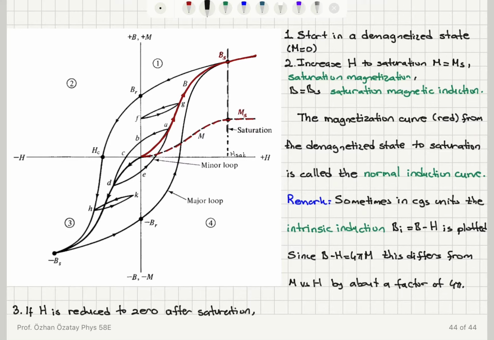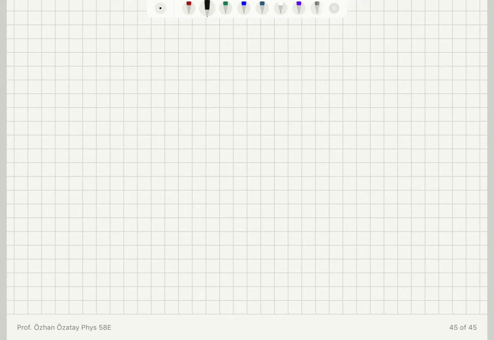We will see that the induction in the specimen decreases from the saturation induction Bs to a value Br, which is called retentivity, or residual induction, or remanence.